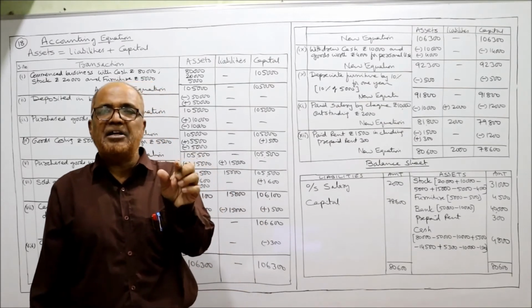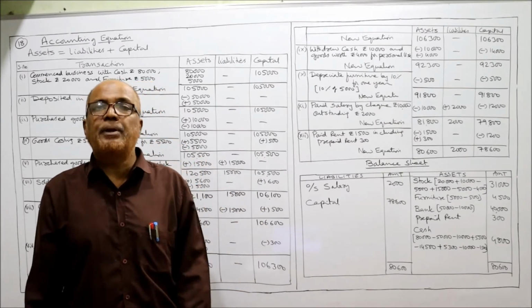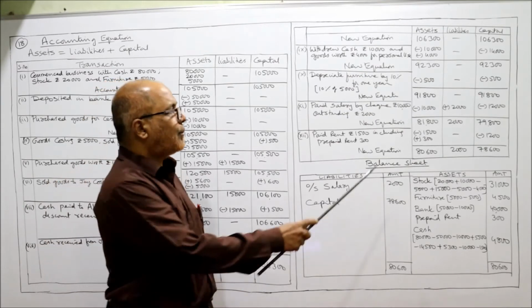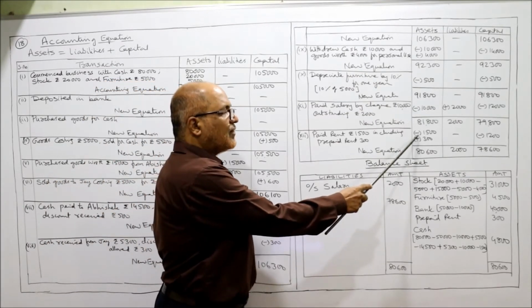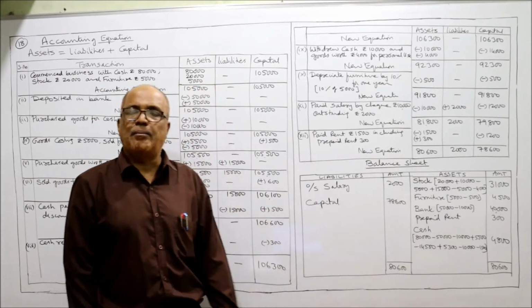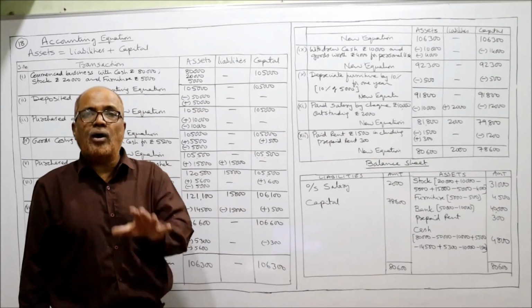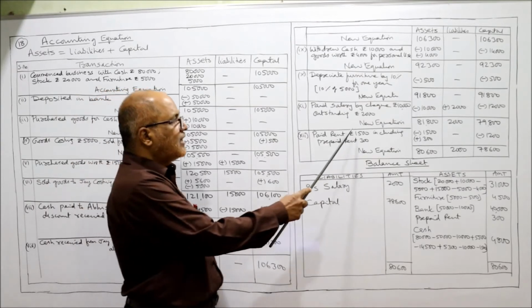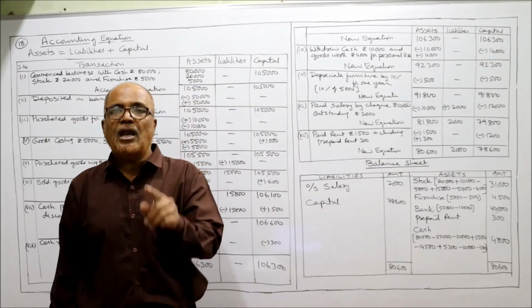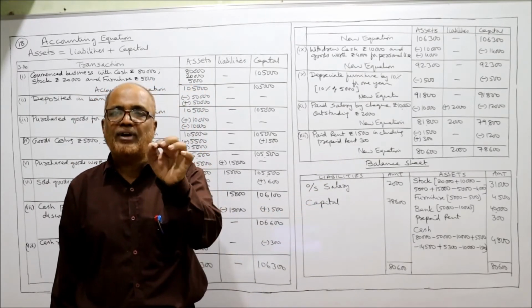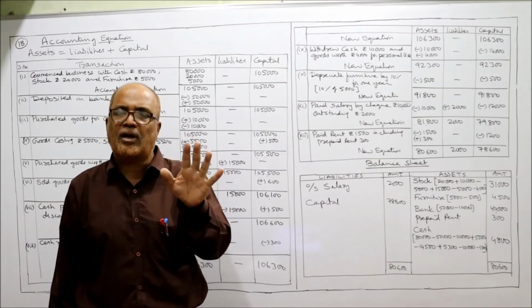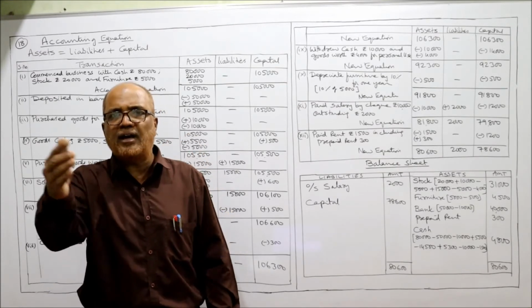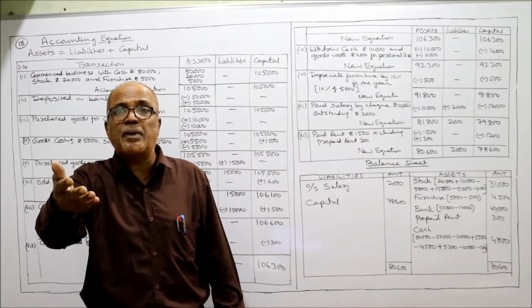Prepaid rent is an asset. So minus 1,500 plus 300. Now actual expenditure on rent of the current year is 1,500 minus 300. In the accrual system of accounting, we take the expenditure of the current year only.